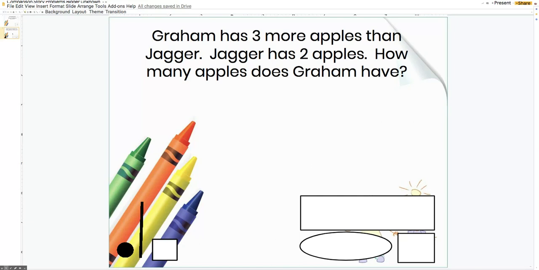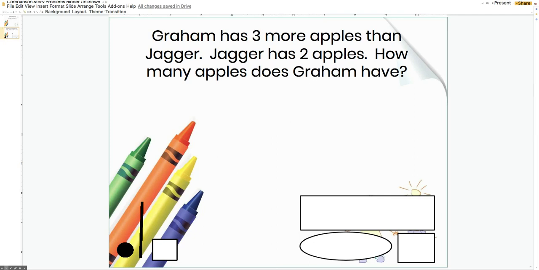Ready? Read it with me. Graham has 3 more apples than Jagger. Jagger has 2 apples. How many apples does Graham have? So let's take a look and see what we know from the story problem. Graham has 3 more apples than Jagger.